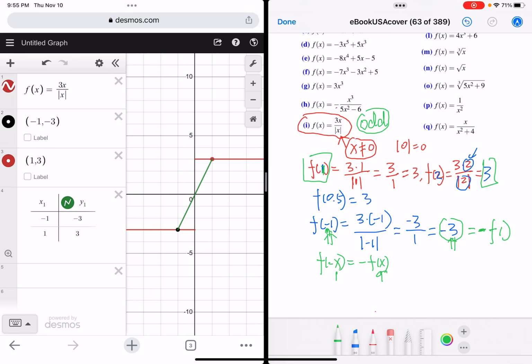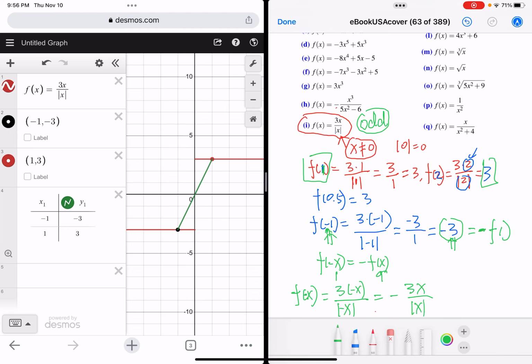In general, for f of x, if you put a negative sign here, then upstairs you should have a negative, and downstairs you should have the absolute value of negative x. Okay? So then you have a negative 3x, because this sign can go out.